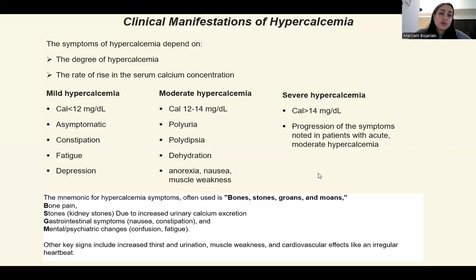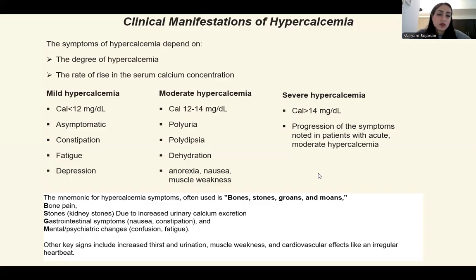Mild hypercalcemia means calcium less than 12 milligrams per deciliter. Usually patients are asymptomatic, though some have fatigue, constipation, or depression. With moderate hypercalcemia, calcium between 12 and 14 milligrams per deciliter, they have more symptoms.